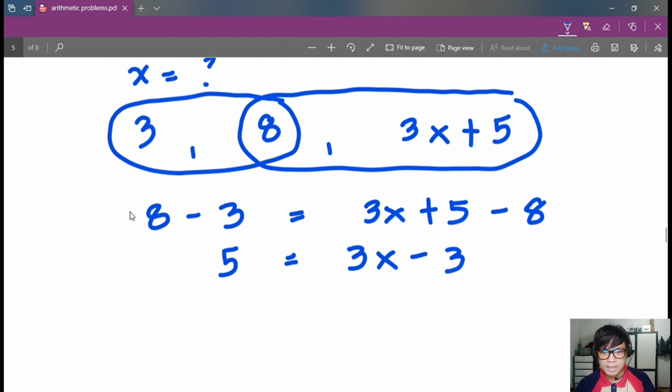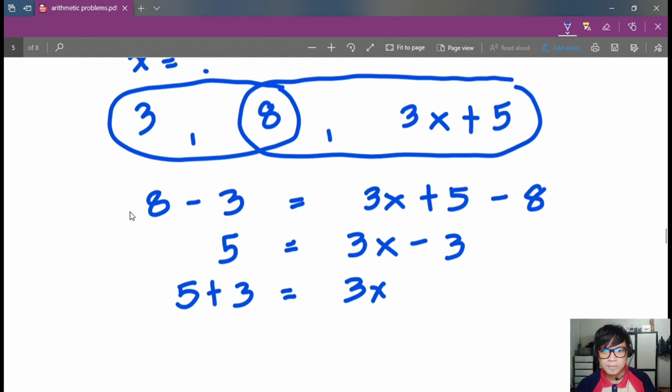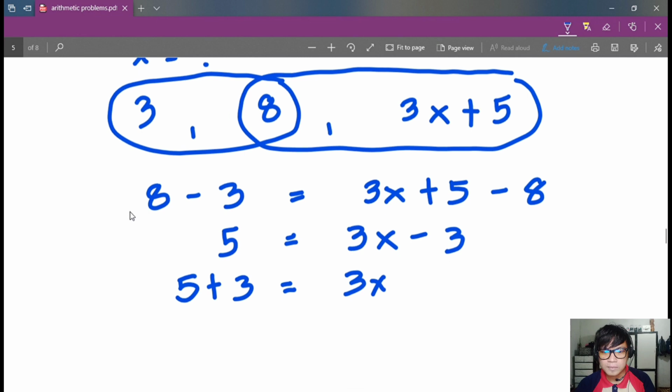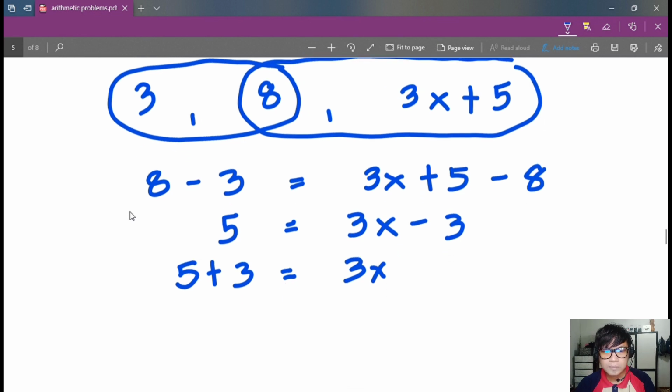So, ang gagawin natin, 5, ito, ilipat doon, magiging plus 3 siya, is equal to 3x. Five minus 3 is negative 3. Okay. Tapos, ito is 8 is equal to 3x.